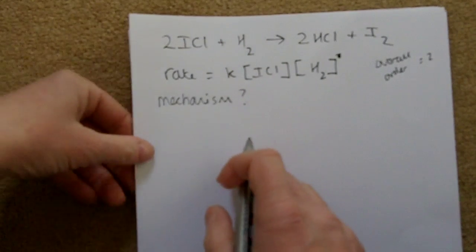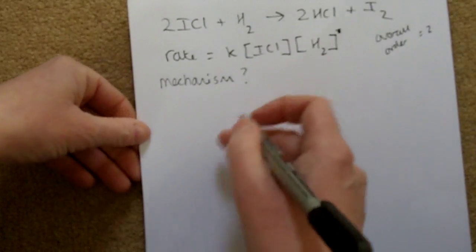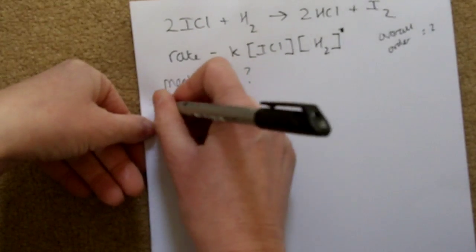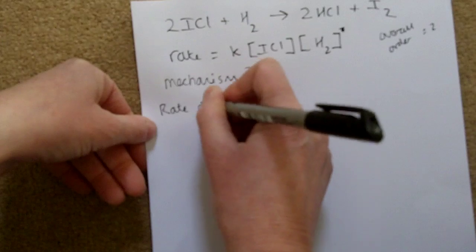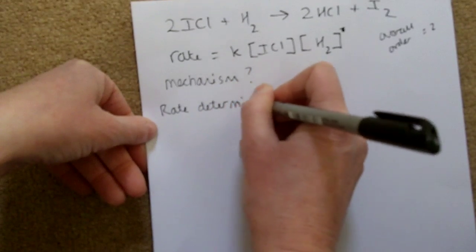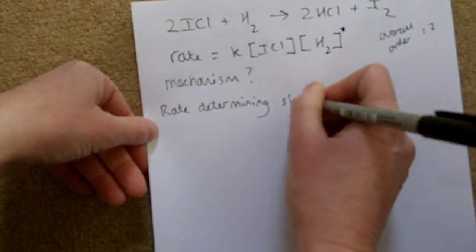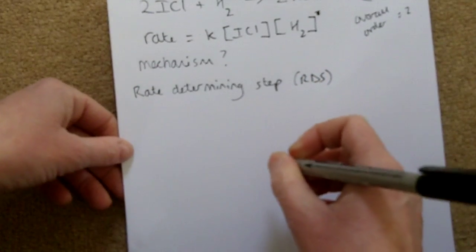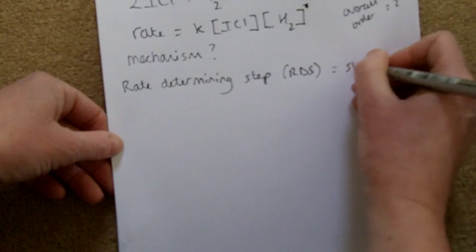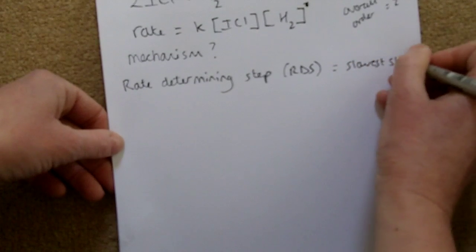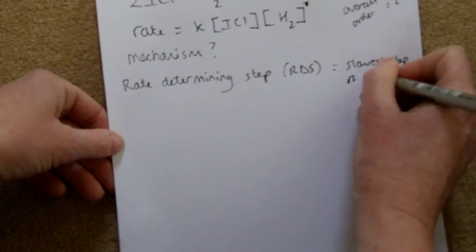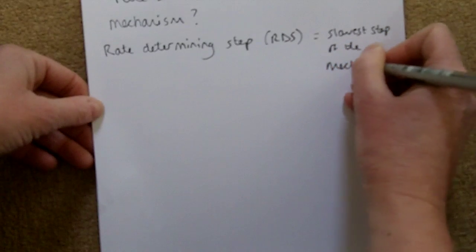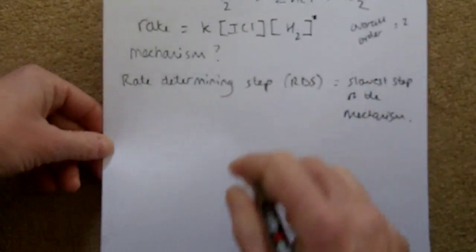Now the thing you need to realize here is there's something called the rate determining step. It's sometimes abbreviated RDS. The rate determining step is the slowest step of the mechanism. So it's a bit like when you're going out with your friends.